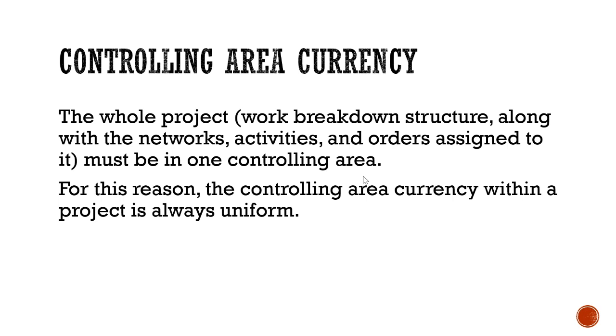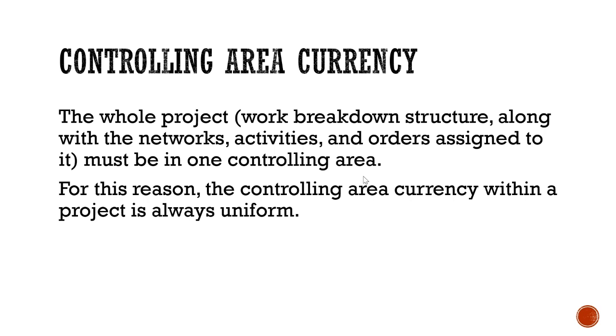So for the whole project, that means from project definition, WBS, and network activities, and any internal orders assigned to the project, all will be in one controlling area currency only. Whatever controlling area you provide in the project definition is applicable to the entire structure.